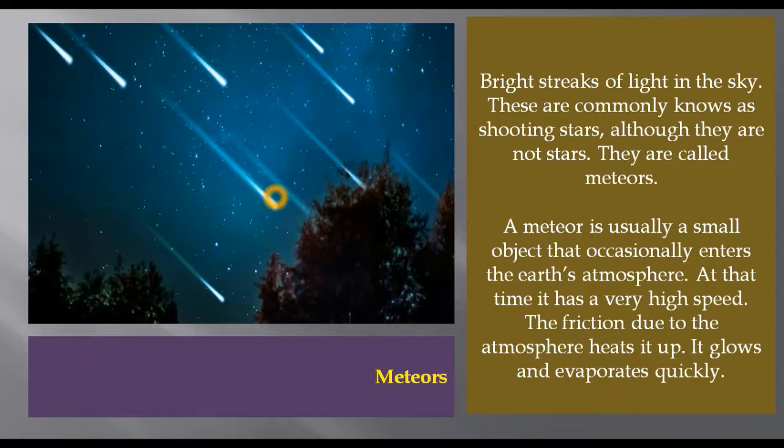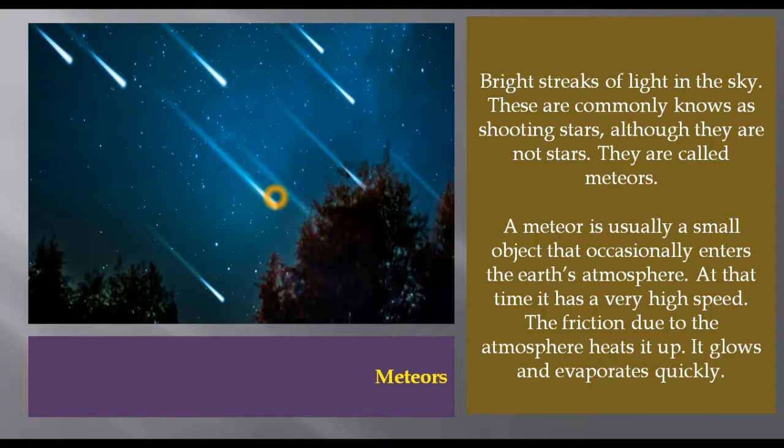So let's talk about meteor. See, students, when the sky is clear and the moon is not there, many times we see a streak of light in the sky. Mainly during night, we see a streak of light and it disappears within seconds. So that is actually a meteor. It is called a meteor or shooting star.